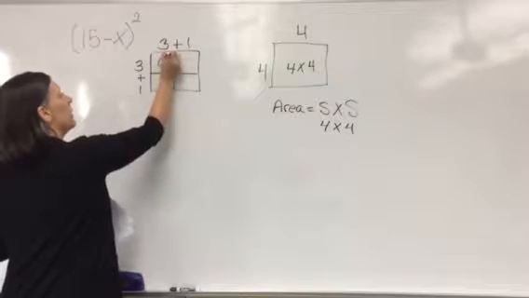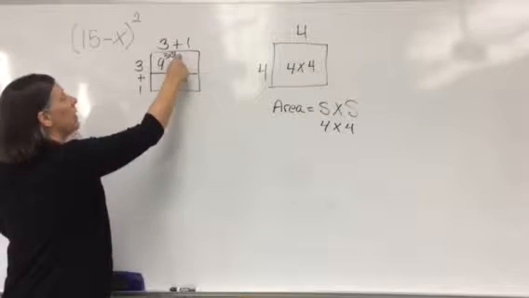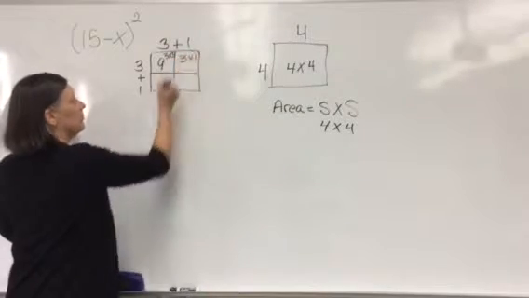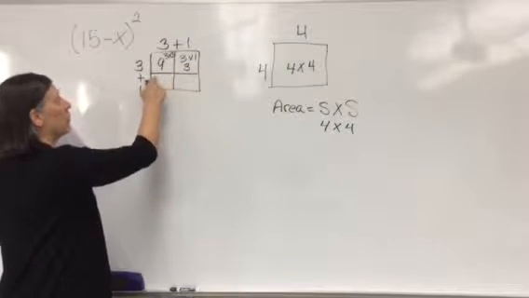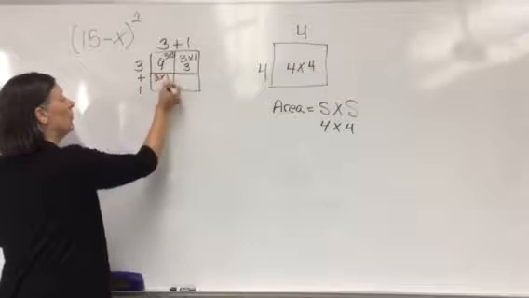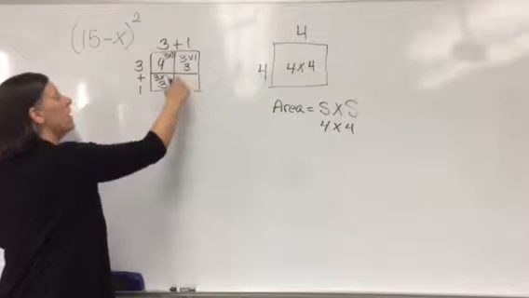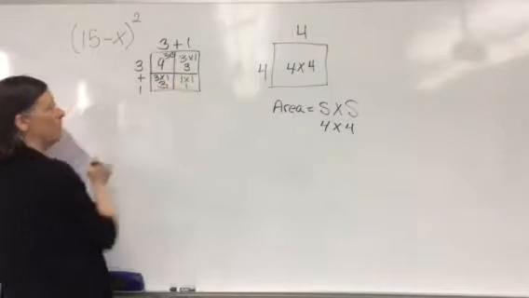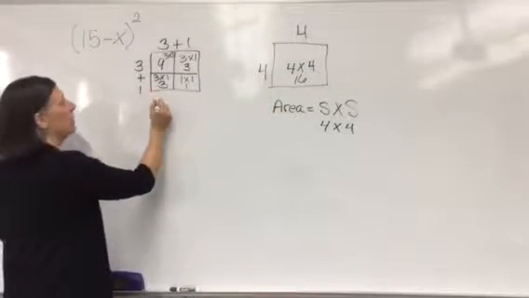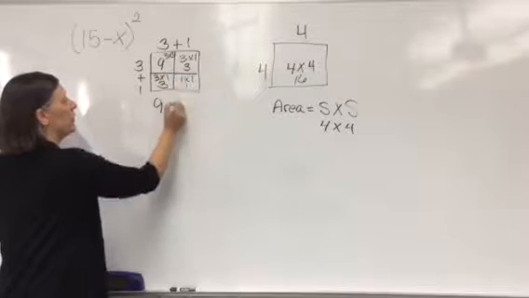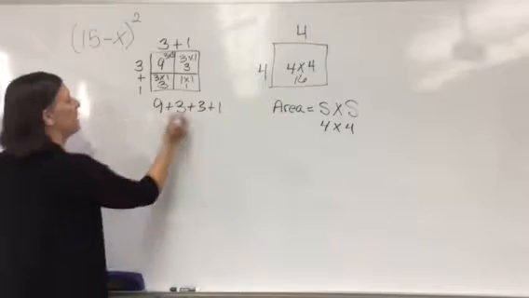This section has a length of 1 and a width of 3, so that's 3. This is also a length of 3 and a width of 1, or 3. And finally, this chunk is a length of 1 and a width of 1, or 1. We know this was 16. Are we still okay? 9 plus 3 plus 3 plus 1, sure, that's 16.